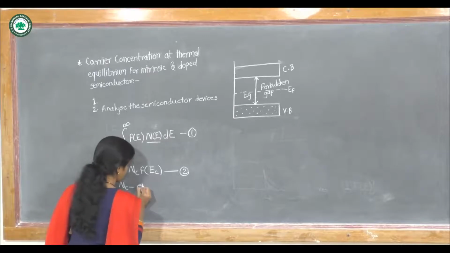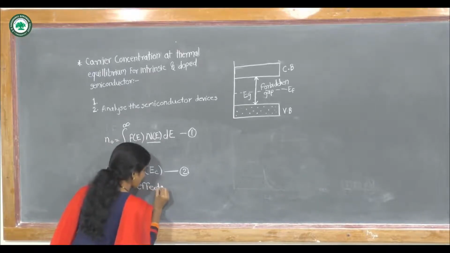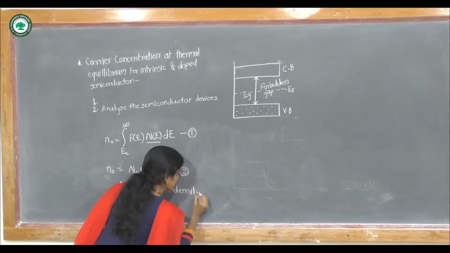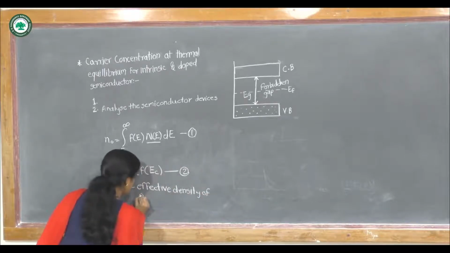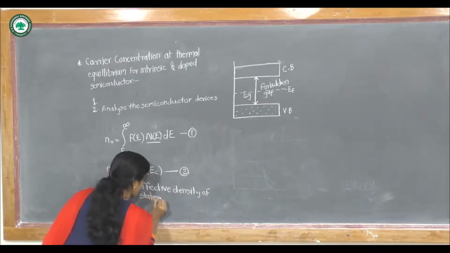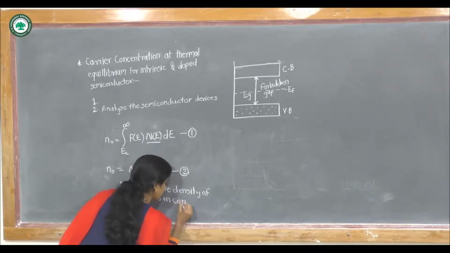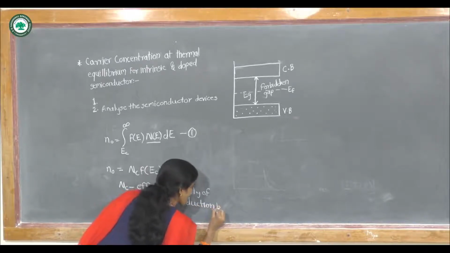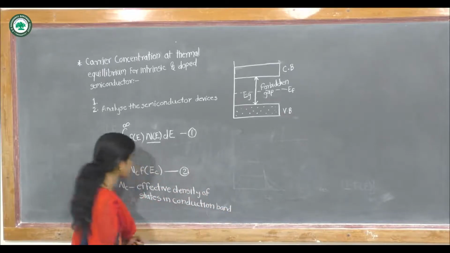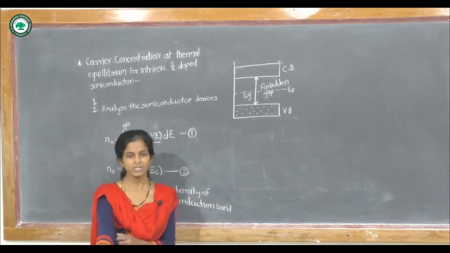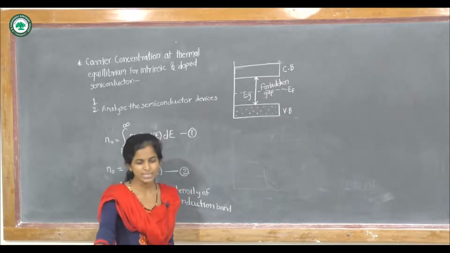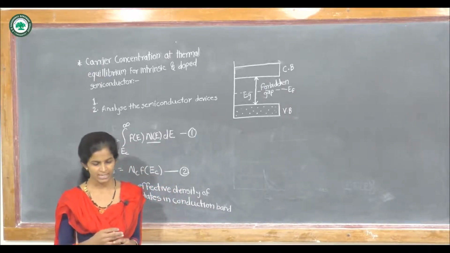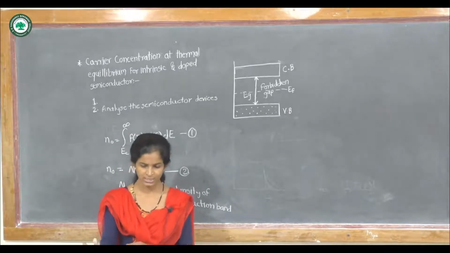So in this expression we assume the Fermi level lies at least several kT below the conduction band, and then the Fermi distribution function can be simplified.